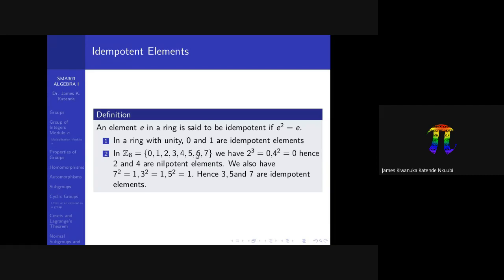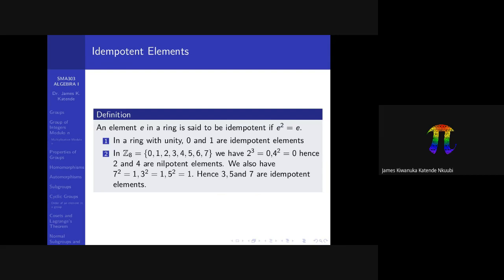So other than 0 and 1, there are no other idempotent elements here. The nilpotent elements we have are 2 and 4. So the correct statement here is that 3, 5, and 7 are not idempotent elements, and neither is 6 as well. So we can't find any idempotent elements in this.